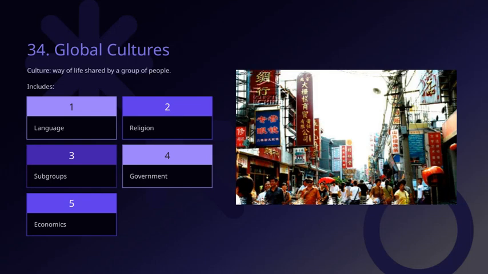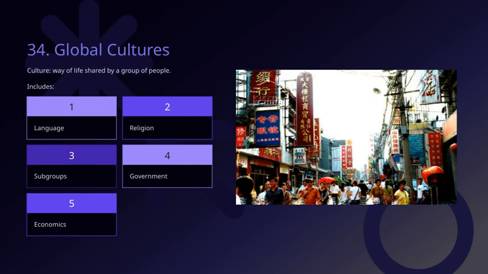Let's take a closer look at the different subgroups that make up a culture. These include aspects like economics, government, religion, language, and other shared practices. Each of these elements plays a vital role in shaping the way of life for a group of people. For example, the economy influences how people earn and spend money, while government structures affect how societies are organized and governed.